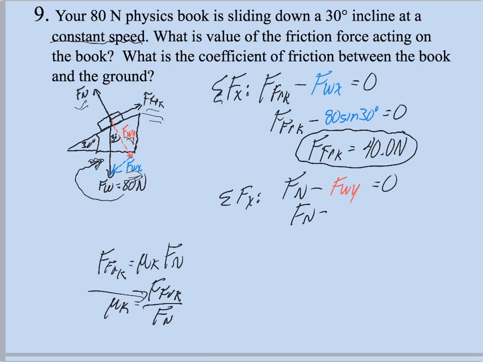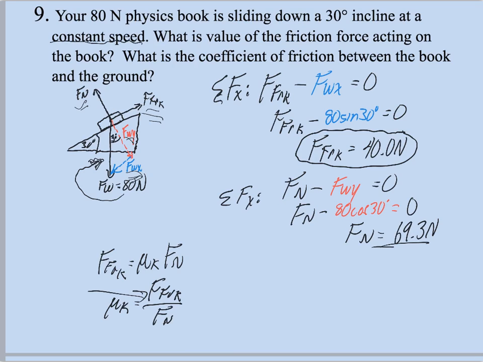So if I do 80 cosine 30, I should end up with the normal force. And I see that 80 cosine 30 is 69.3.